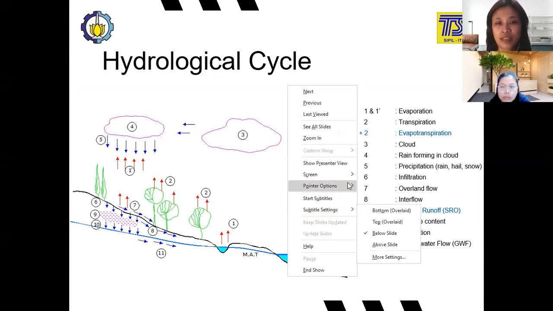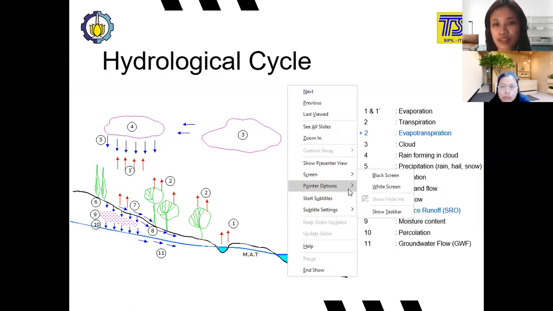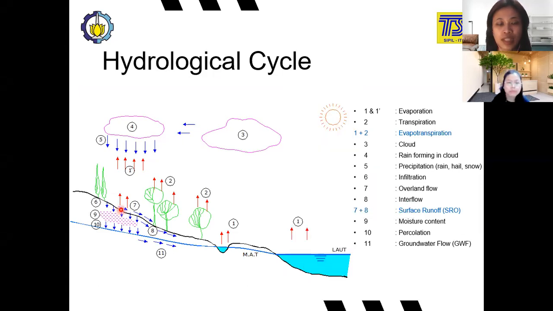It's the same picture. Our focus is now on the soil. Here we have infiltration and percolation with number 6 and 10. Number 6 is the infiltration, and number 10 is the percolation.